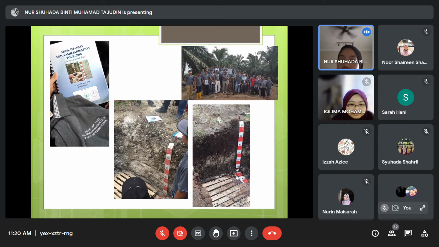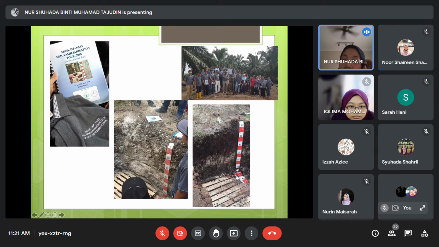7 kaki berapa meter? Sekejap. Tujuh kaki. Okay, 2 meter. Okay, kalau dia nak kena tanam 2 meter ke bawah, tanam dead bodies kan, 2 meter down in the soil.